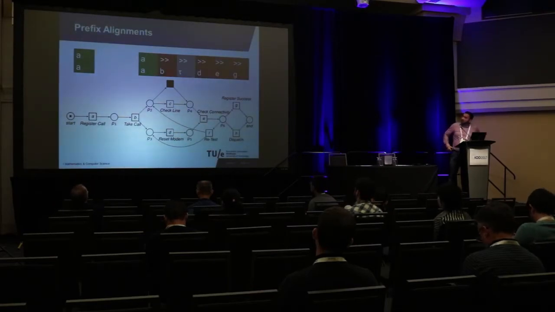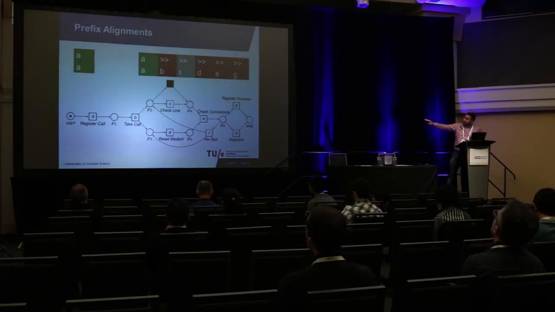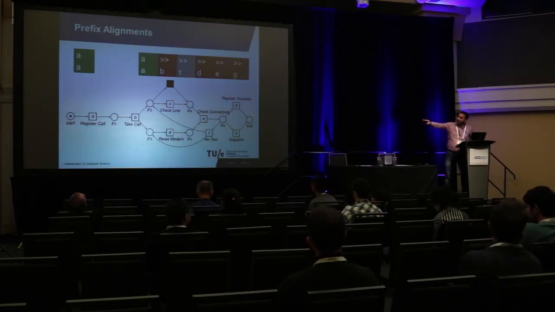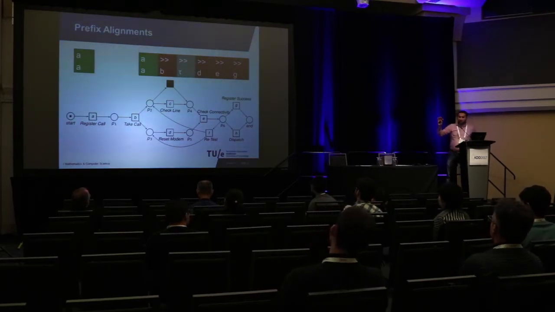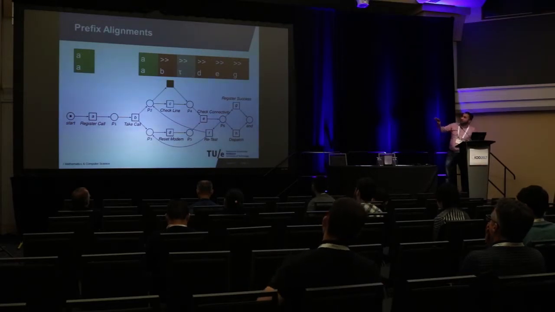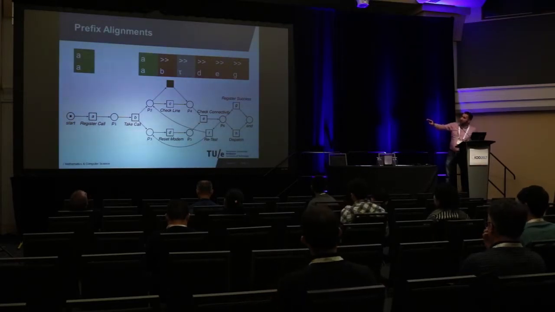Simply put, prefix alignments relax the requirement that the bottom line needs to be a trace that is available in the language of the process model. So if we receive, for example, A from the event stream, it's enough to locate A using the prefix alignment like this.